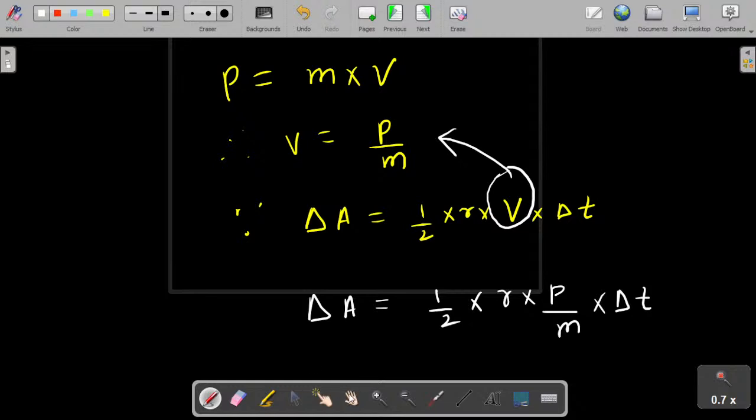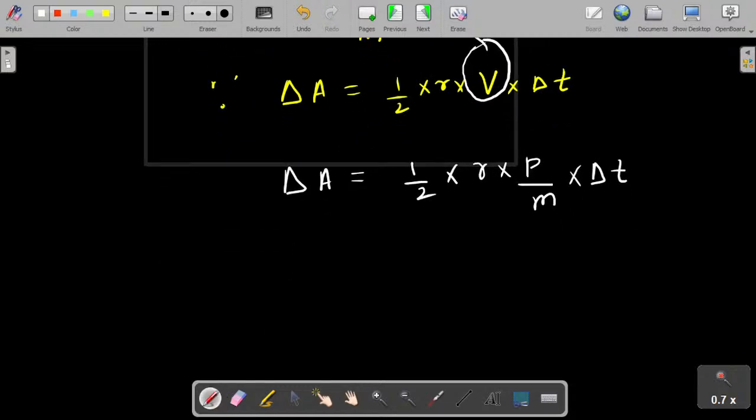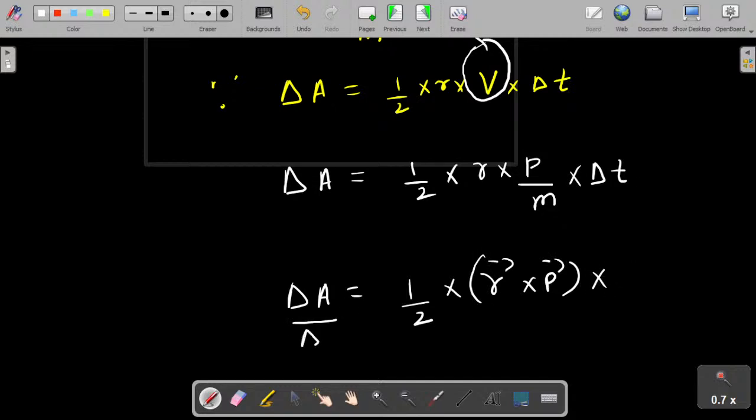So again you solve. Arrange it. A is equal to half into momentum into R, in vector form you can write R cross P, and in denominator you get M. This delta T will come to the denominator of area.